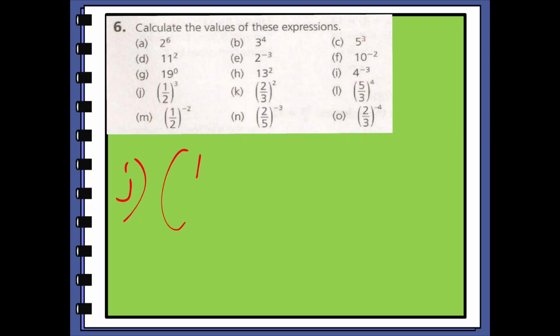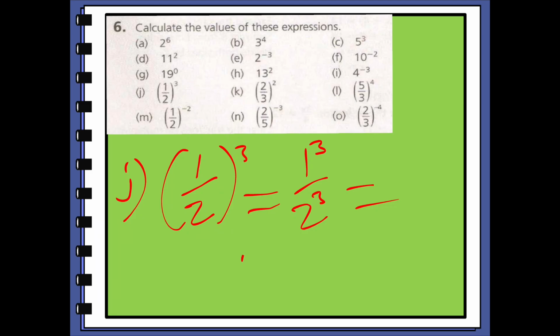Okay, so J says 1 over 2, then the 3 is outside the bracket. So this means that the power should be shared by the fraction. So 1 over 2, 1 should have a 3, 2 should have a 3. Now, what is 1 power 3? This is like 1 times 1 times 1. Still gives us 1. So on top we have 1. Then 2 power 3 means 2 times 2 times 2, which is 8.